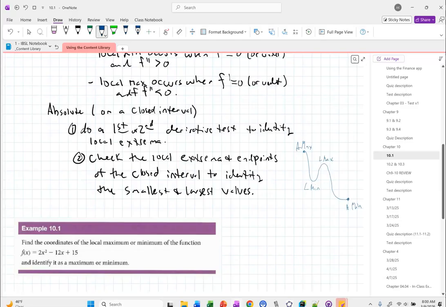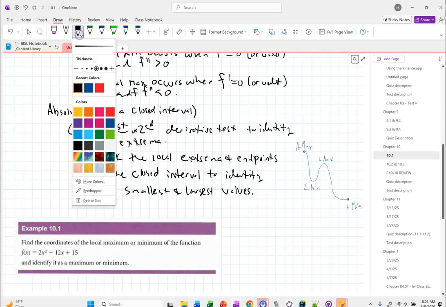If you have a closed interval, the endpoint could be the highest or lowest point. You have to check that in addition to the locals. Does that make sense as to why we have to check the endpoints here? Only if you have a closed interval, though.